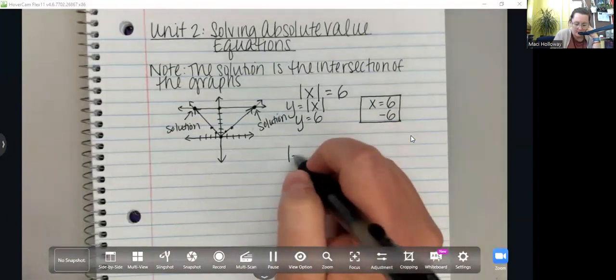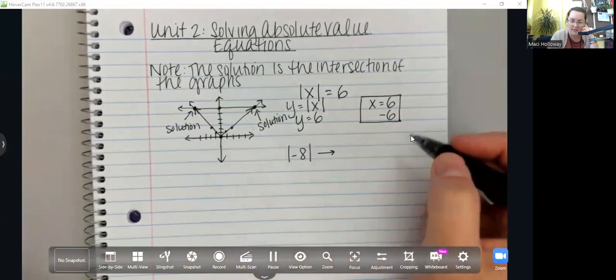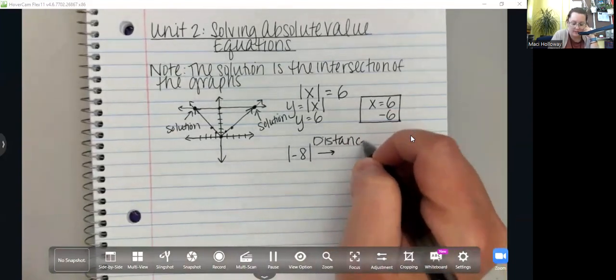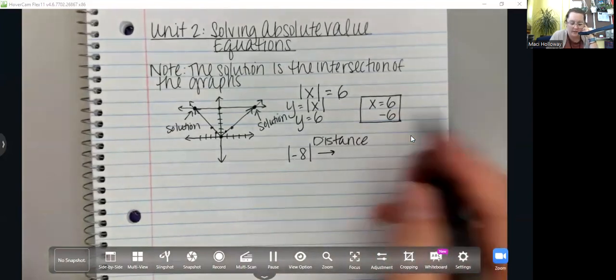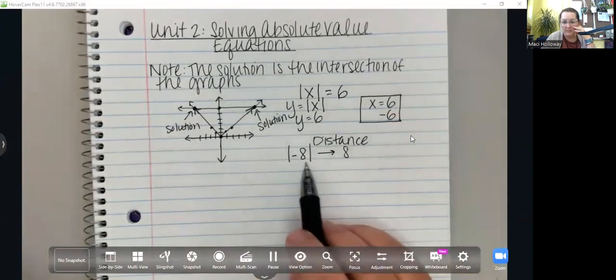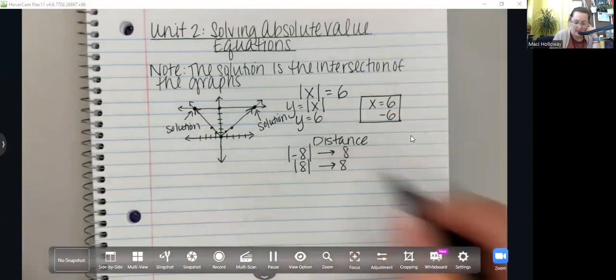And let's talk about this. If I have the absolute value of negative 8, then we know that is a positive distance, because it's the distance from 0. Distance is always positive, so the absolute value of negative 8 is 8. But if this is a positive 8, then it's also 8.